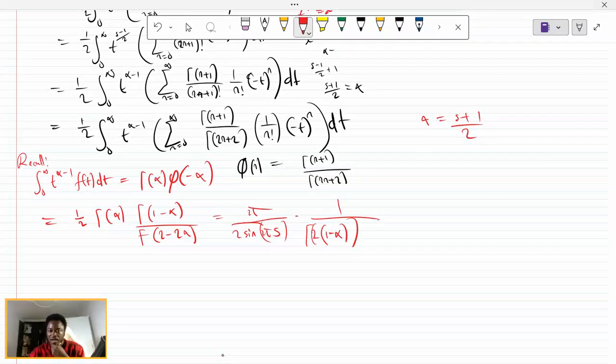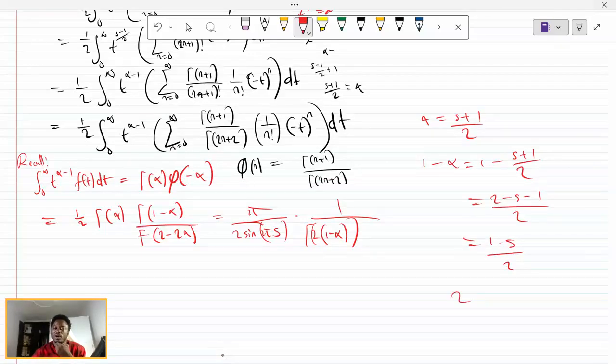So basically, 1 minus alpha is 1 minus s plus 1 over 2, which is 2 minus s minus 1 over 2, which is 1 minus s over 2. So we have gamma of 1 minus s here at the bottom.